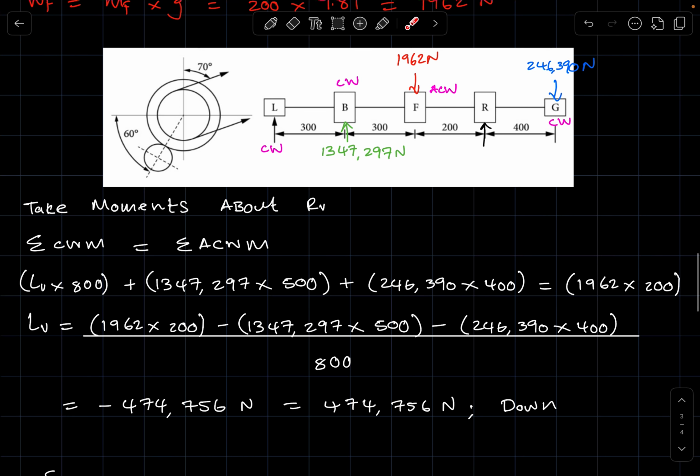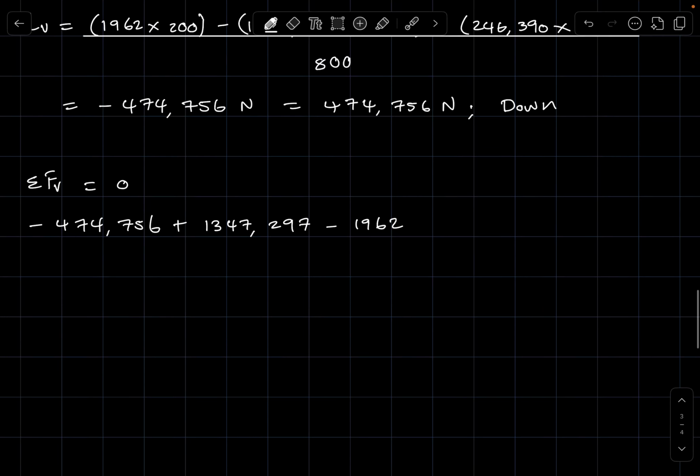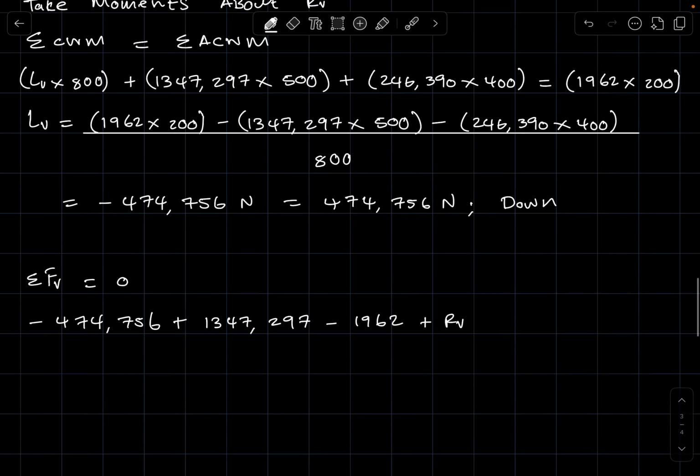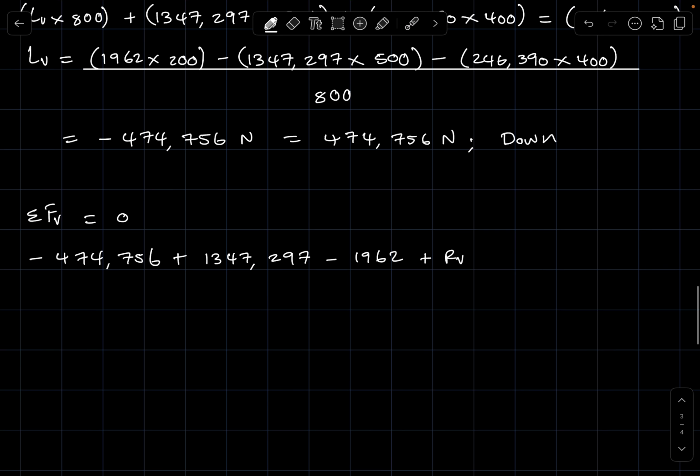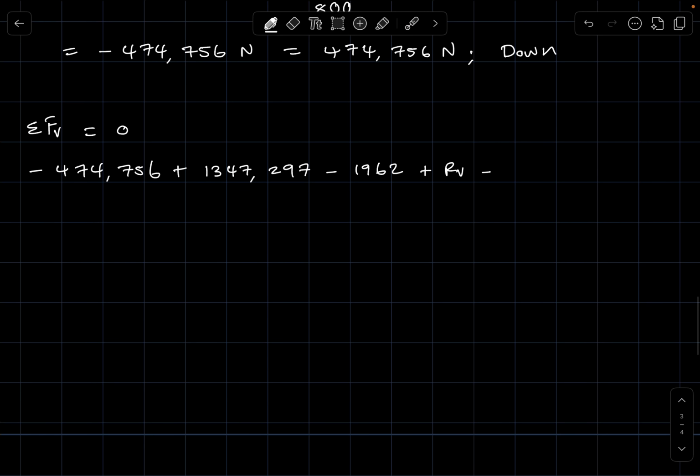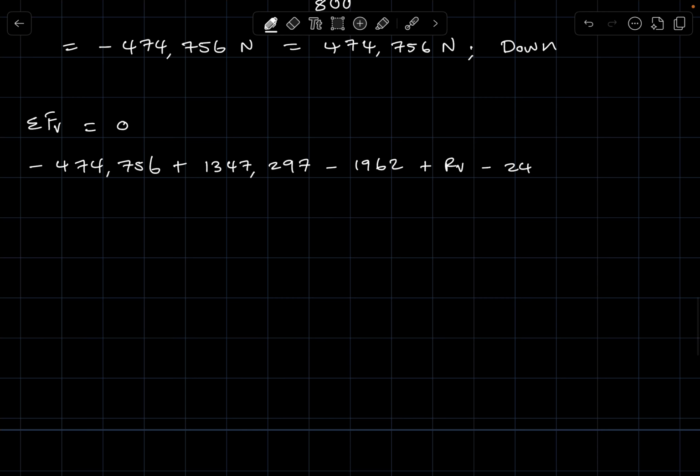RV, remember initially we are assuming that it is headed upward, so you take it as being positive RV, and then this component of the normal force is heading downward, so minus 246,390.